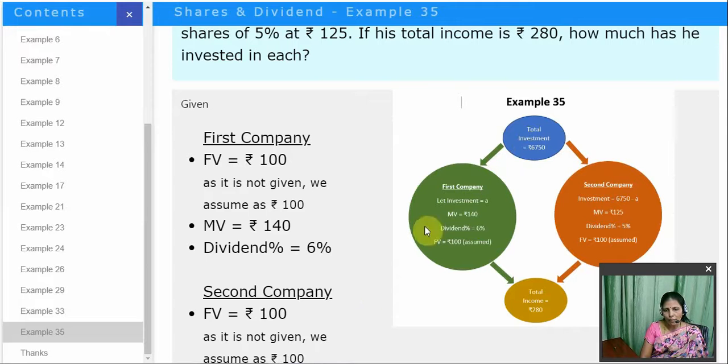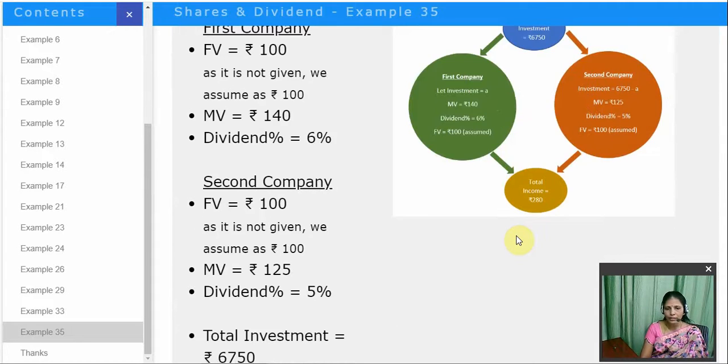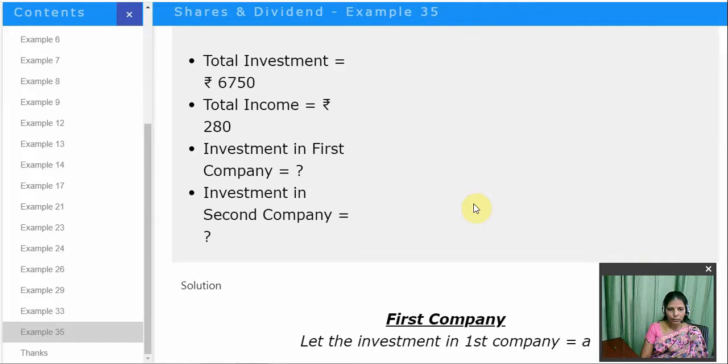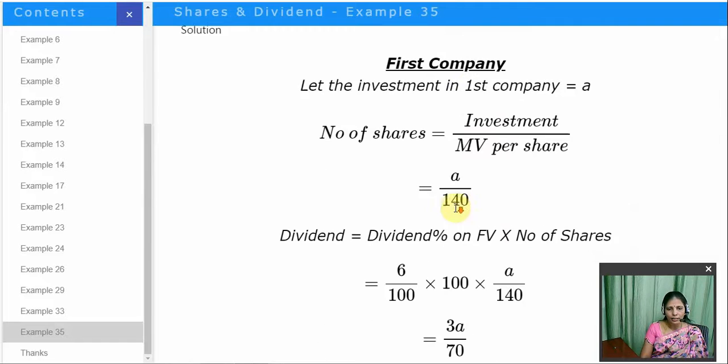He is investing some money in the first company and he will be getting some dividend. And the remaining he is investing in the second company, and from here also he will be getting the dividend, the income. Now from both the companies his total income is 280. How much he invested in the first company and how much he invested in the second company? That is the question. Now we will come to the solution part.